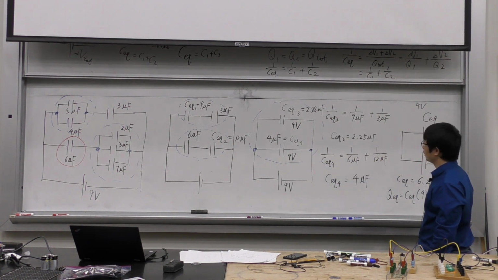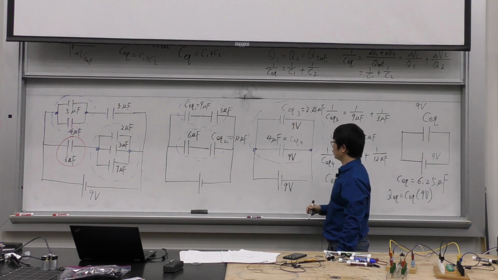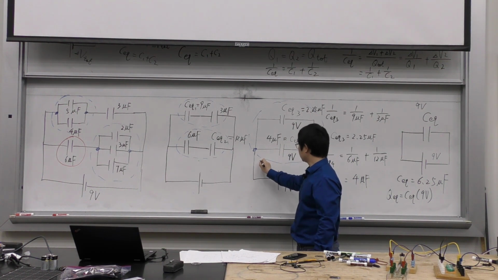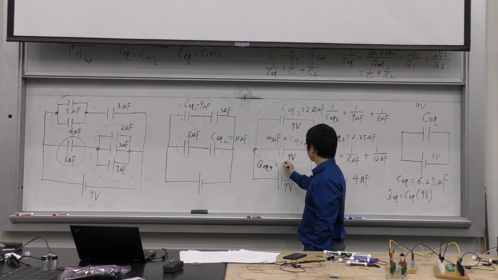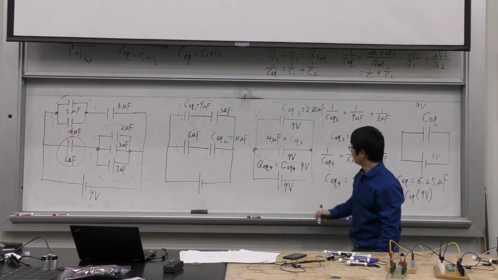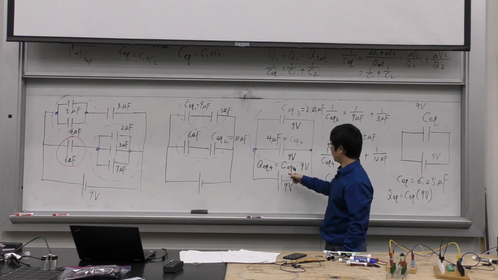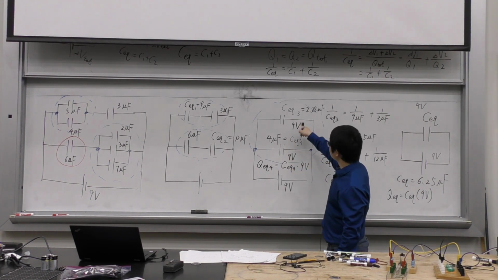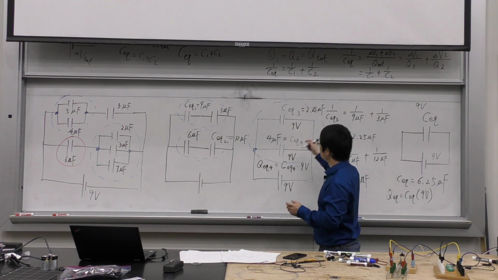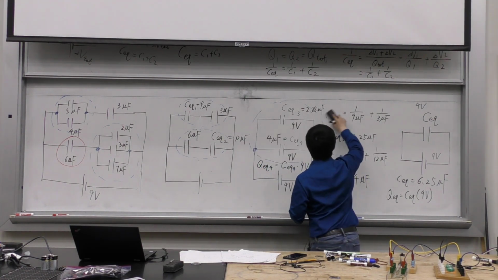And then if I ask you what is the charge on this one and this one, you would say the charge on this one, easy: QEQ4 equals, because this is a capacitor, CEQ4 times the voltage, which is 9 volts, right? Because C equals Q over V, so Q equals C times V. If you tell me CEQ4 and the 9 volts on it, I can find it. If you ask me to find the charge on this one, easy. I'm going to do the same thing.